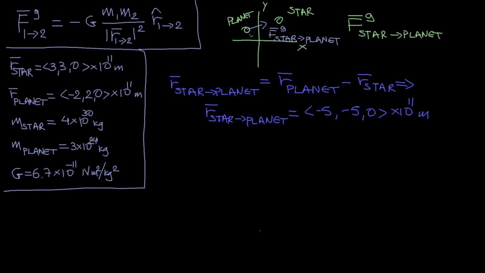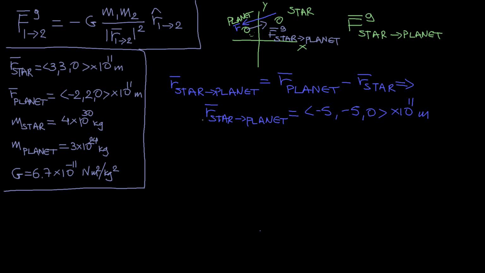Now this vector goes from the star on the planet. So in this picture I will draw the vector here so that you can see it a little bit more clearly. This is the position vector r. This is the r from the star on the planet. It goes from the star on the planet.